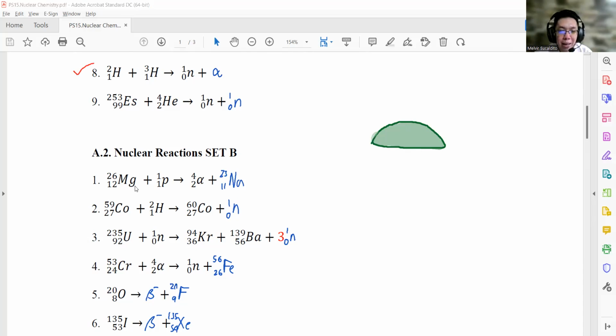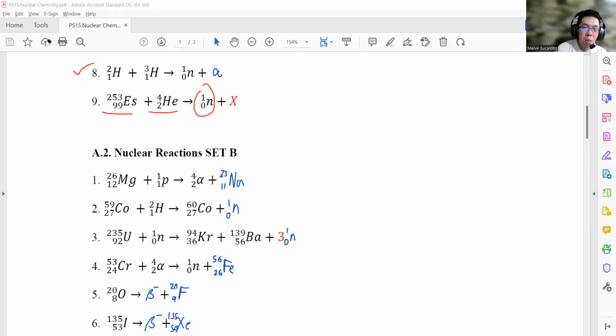For number 9, Einsteinium, ang mabubuo mo dapat ay, bakit parehas neutron to? Nagkamali po nagkamali ng kopya. Okay, go ahead. Ano dapat yung answer mo dito?